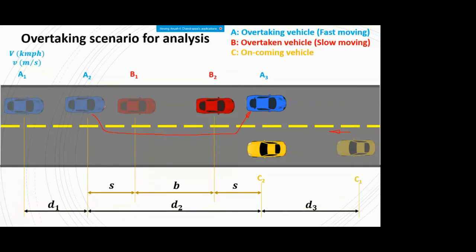So as far as the speeds are considered, I told you that for the overtaking vehicle or fast moving vehicles, what we are considering is the design speed. Because if the design speed for a highway is 80, you have n number of vehicles, not just cars, but trucks, three-wheelers, two-wheelers.